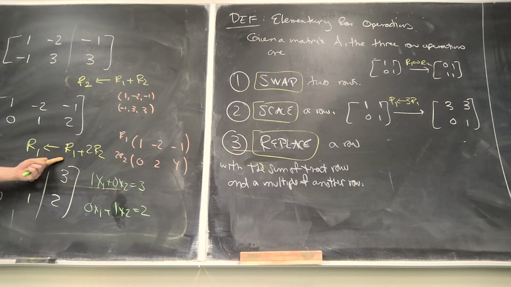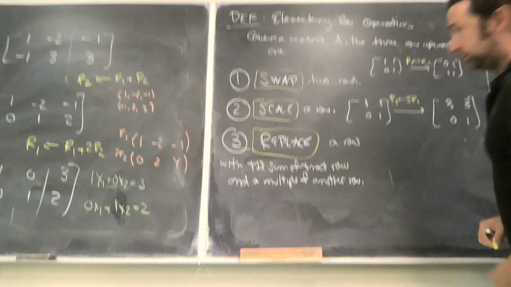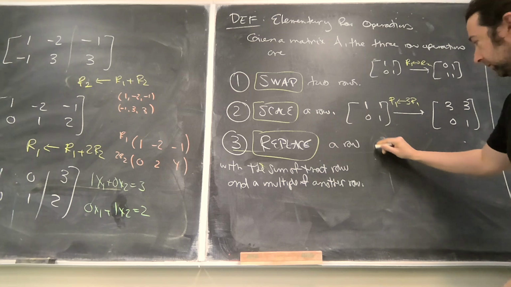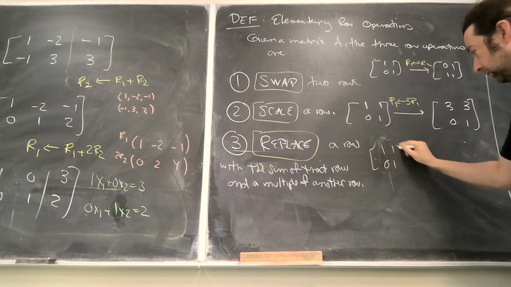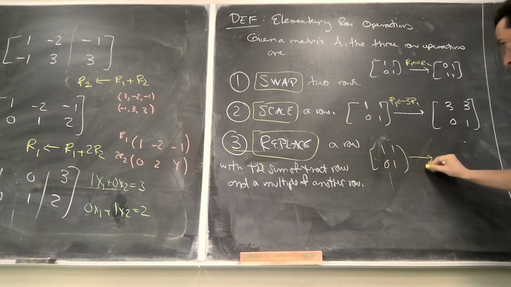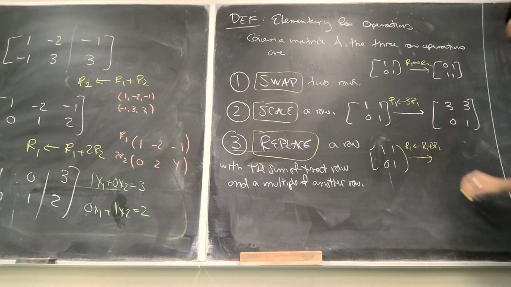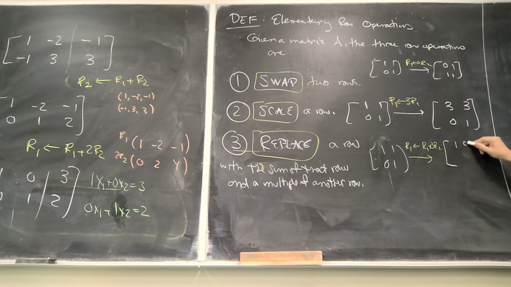That's what this operation was, right? I took a row and I replaced it with the sum of that row with a multiple of another row. So I could do something like 1, 1, 0, 1, and maybe I take row 1 and I replace it with row 1 plus 3 times row 2. And that would get me 1, 4, 0, 1.